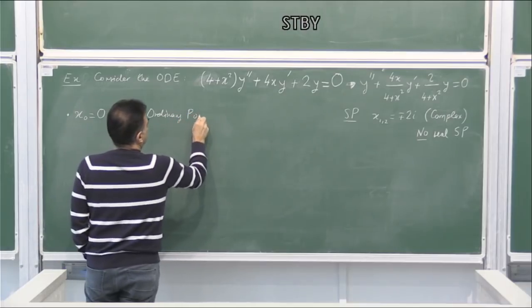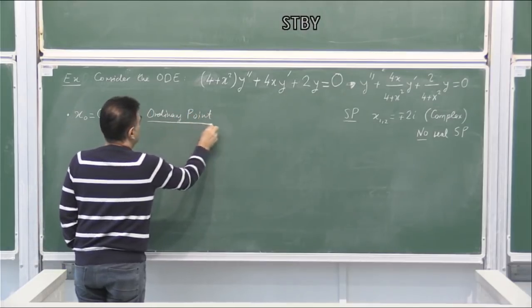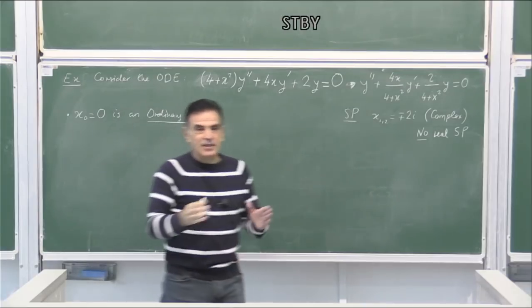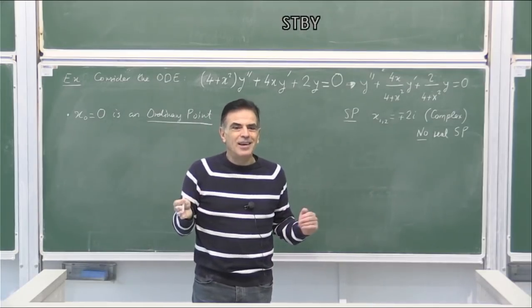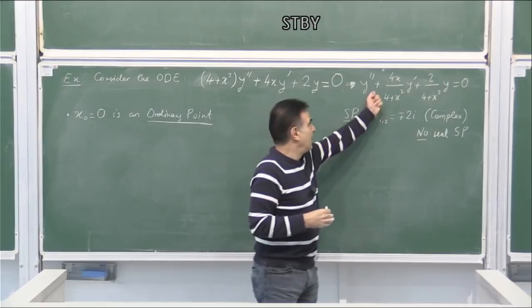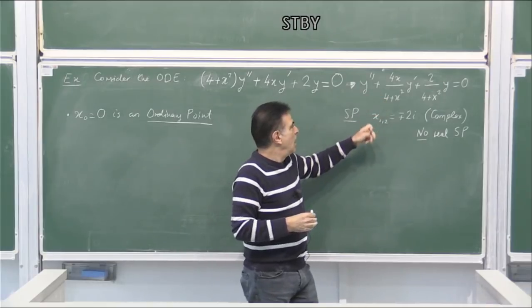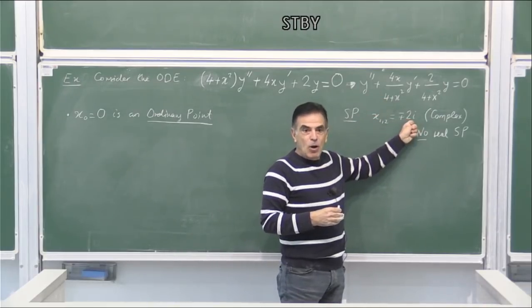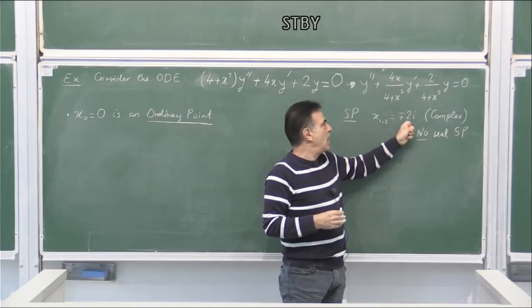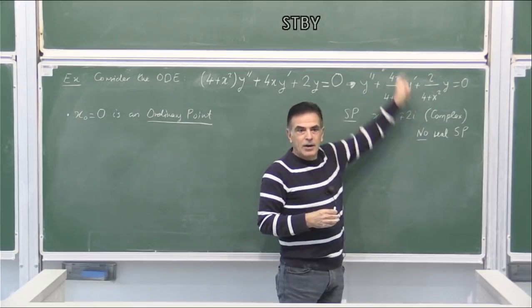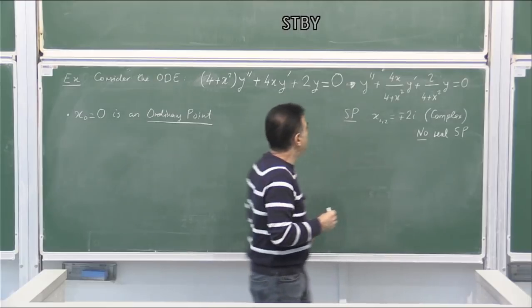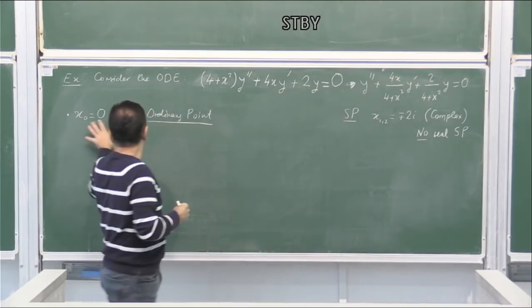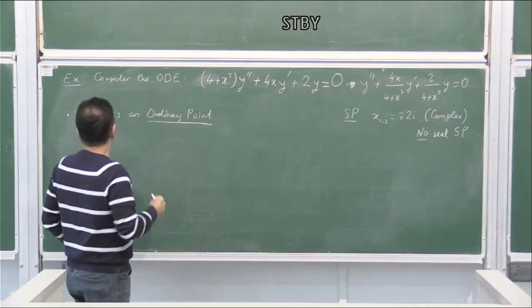Of course, every real number is an ordinary point. The only singularity of the differential equation appears as a complex number at plus or minus 2i on the complex axis. So we prefer to choose x0 equal to 0.